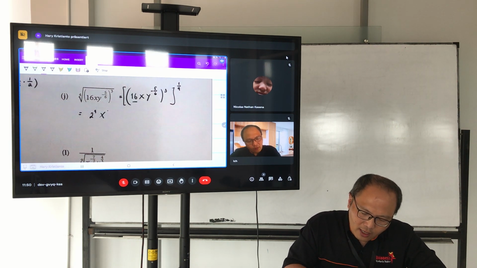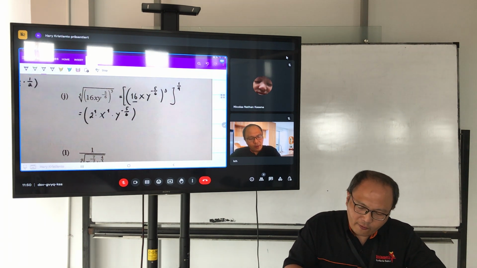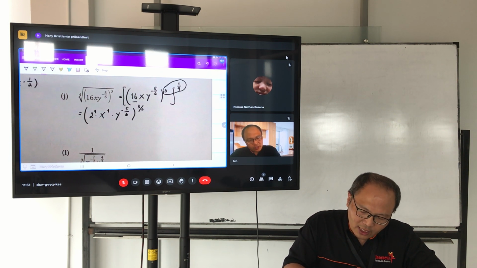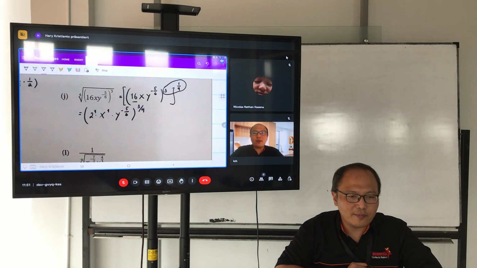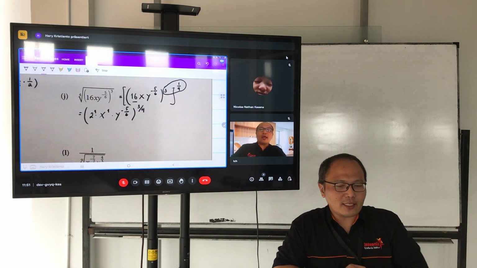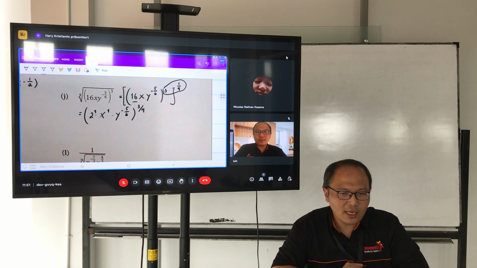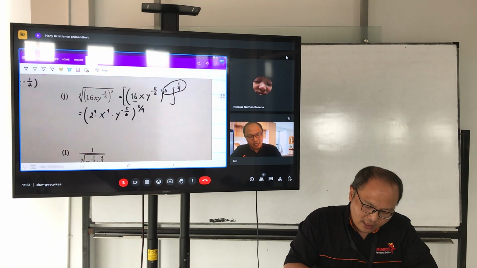X to the power of 1. Y to the power of negative 5/6. In the bracket, to the power of 3 and 1/4 can be multiplied. They all together become 3/4 as a power. Now, yes. So, yeah?